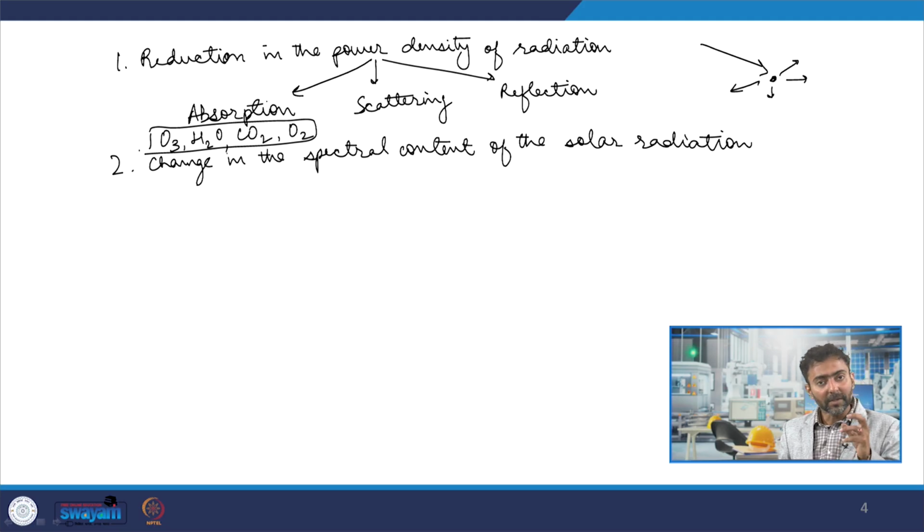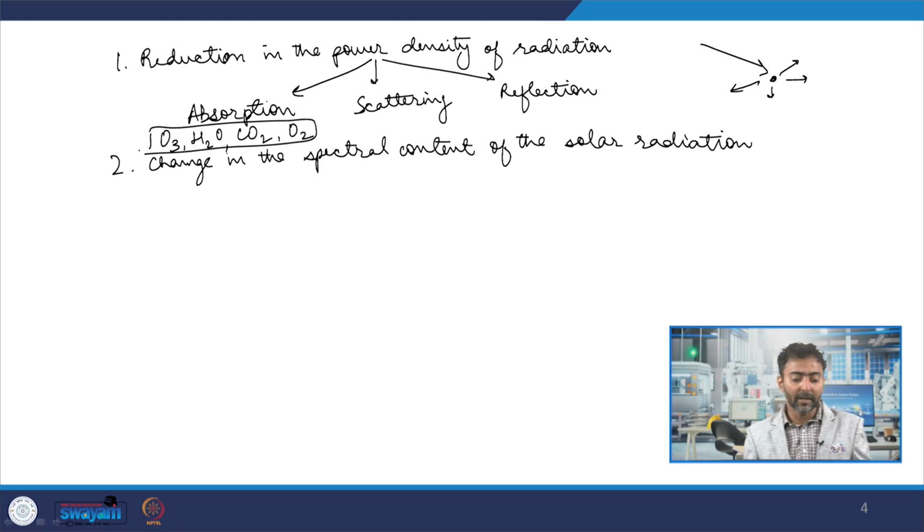So there are some specific wavelengths which are absorbed to a larger extent by the different gases, be it ozone or water vapor or CO2 or oxygen. Due to that, the nature of the spectrum changes as the radiation passes through the Earth's atmosphere. We'll come to that change in spectral content in a short while.